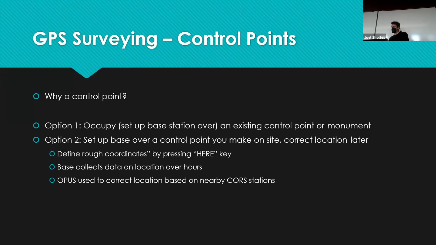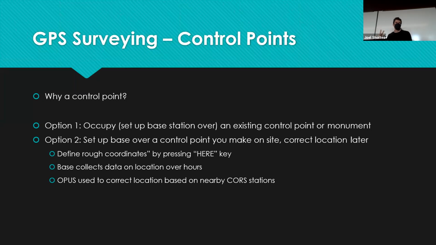Every day they go out there and they set their base station up on a control point. That way they know they're working off of the same elevation from yesterday, the same XYZ from yesterday. So that base station sets XYZ and everything is relative off of that. So if we have the same XYZ base station, then we can go out and make sure our road elevations are going to match what they were from yesterday and the day before, and continue that nice smooth grade, whatever that design looks like.